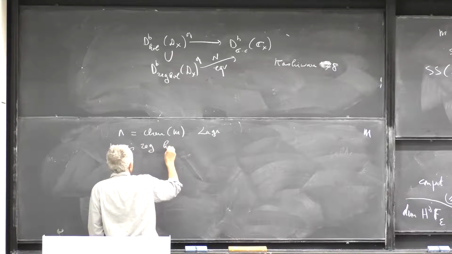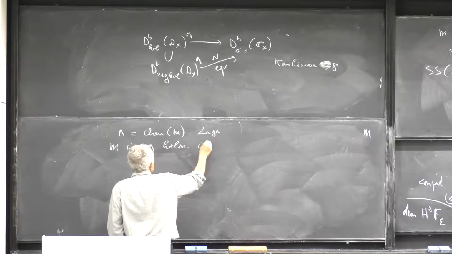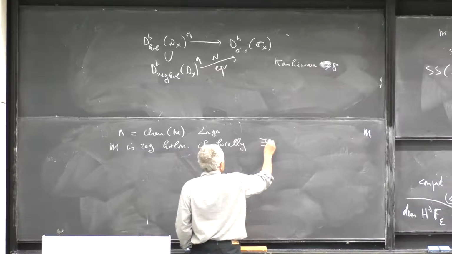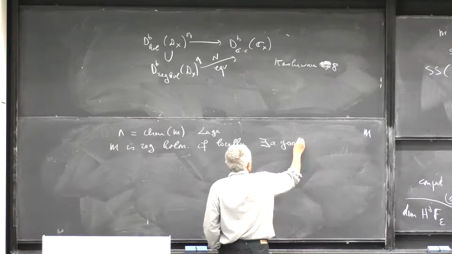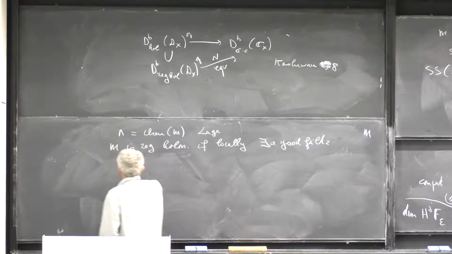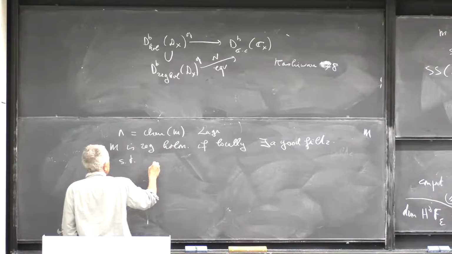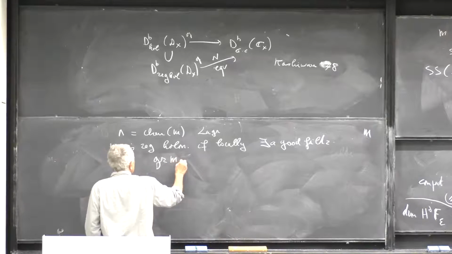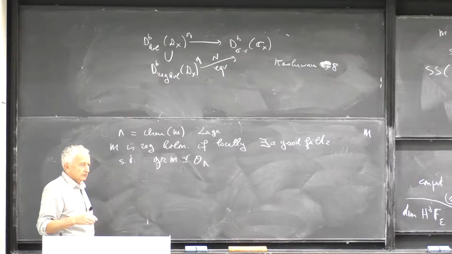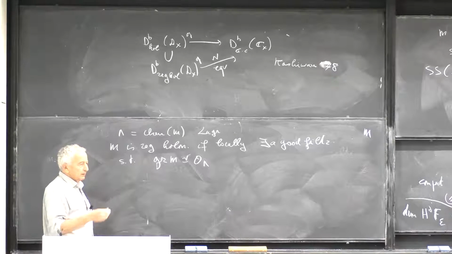M is regular holonomic if locally there exists a good filtration such that the graded M is O lambda. If you want, it's reduced. Or the ideal.